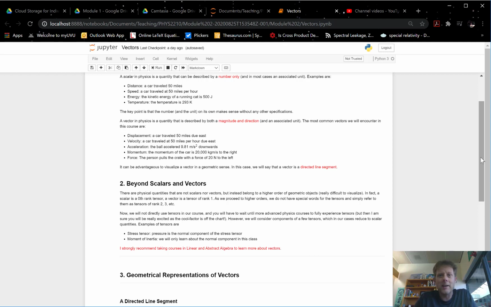So keep in mind that we're learning a lot of things in Physics 2210, but we're not telling you everything. We're leaving something for later. If you are in engineering, particularly mechanical engineering, you will definitely get to work with those tensors, specifically the stress tensor. But you may not see them as a tensor. Instead, they may be represented as a matrix.